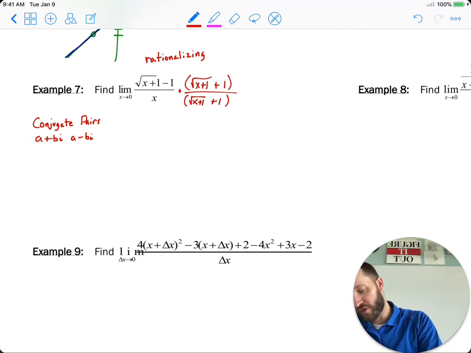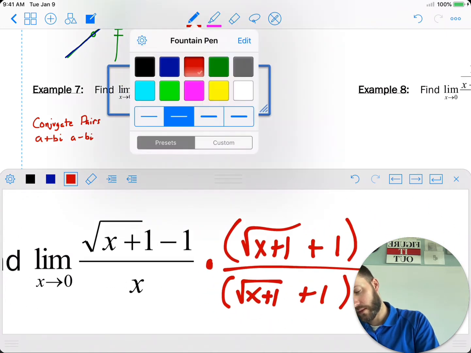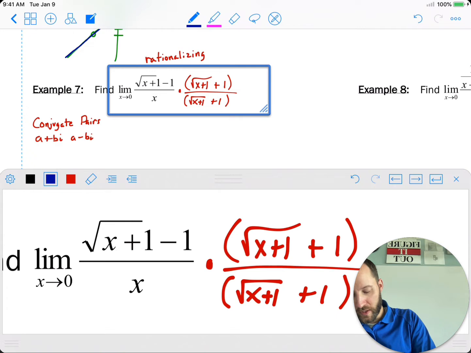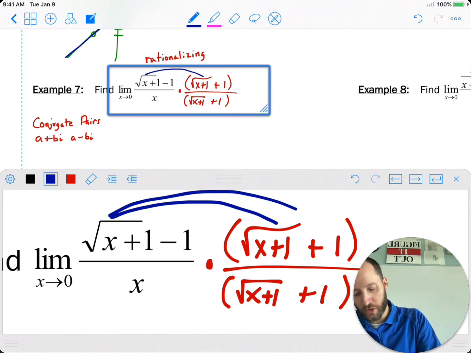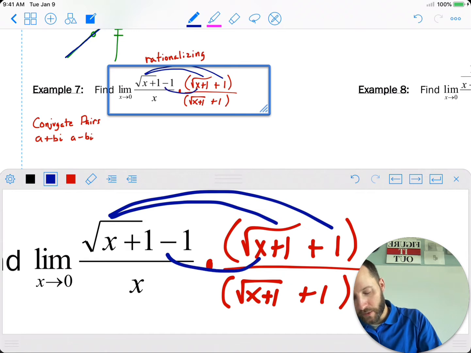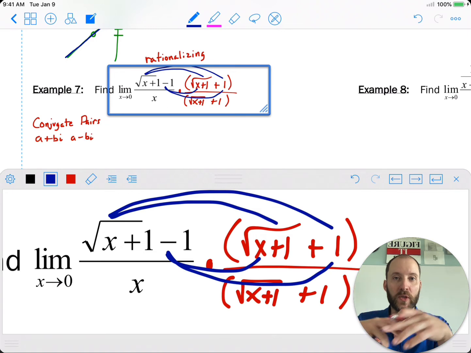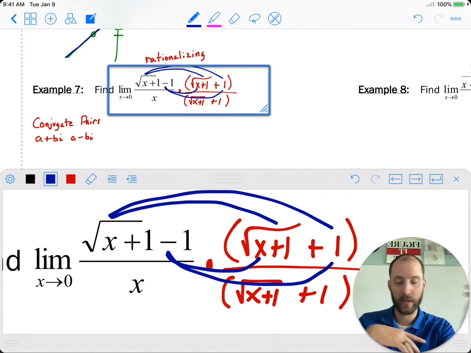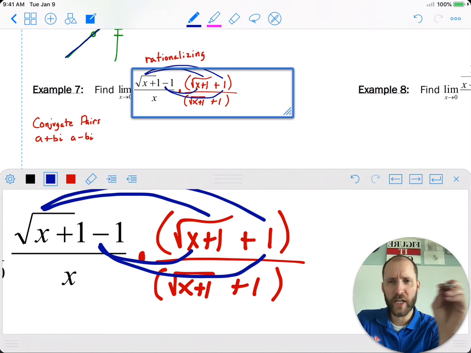So when we distribute, take the root x plus 1, multiply it into both terms, take the negative 1, multiply it into both terms. You're going to get the difference of squares with some terms canceling out. And then your denominator, don't do anything with it, okay?